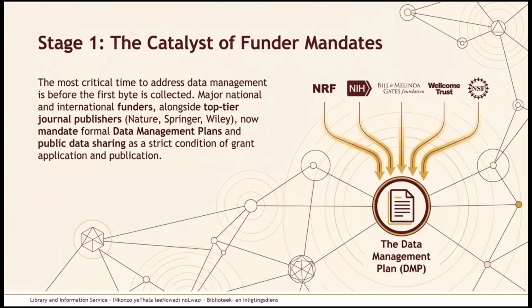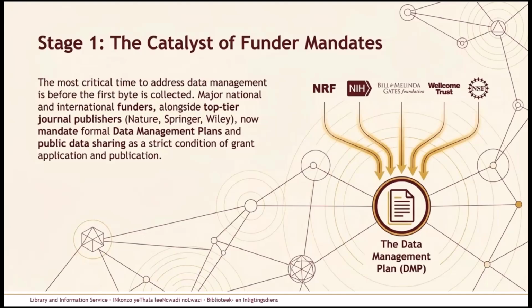So one of the main core catalysts for this drive for open data where possible is funders. Funders these days increasingly mandate that if it can be made publicly available, if it can be shared openly, the data must be shared.